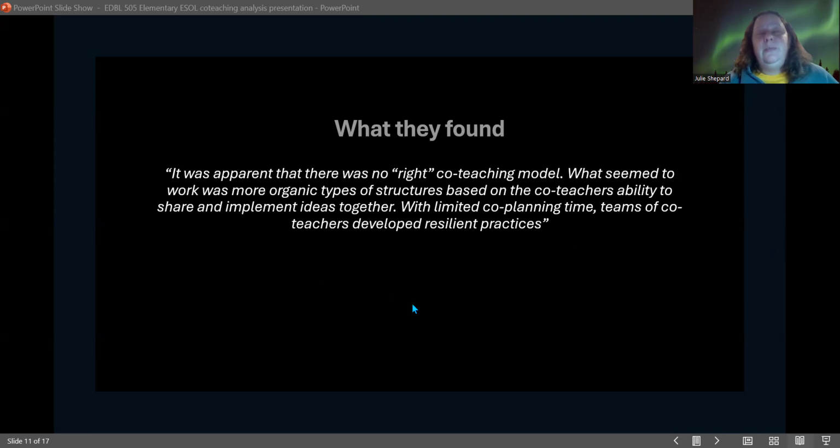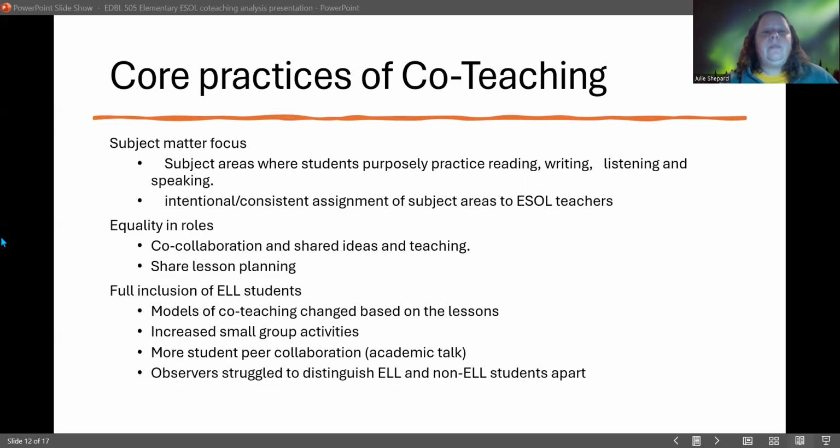So this kind of goes back to there being no main model in use in New York. So teachers kind of had to use what they did. And what they found is of the 6 models, it depended on what was being taught which model they would use. They couldn't just pick one of those 6 models and just go with it. It had to change. It couldn't just be with one.